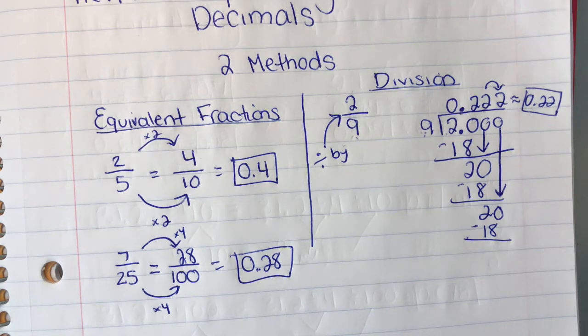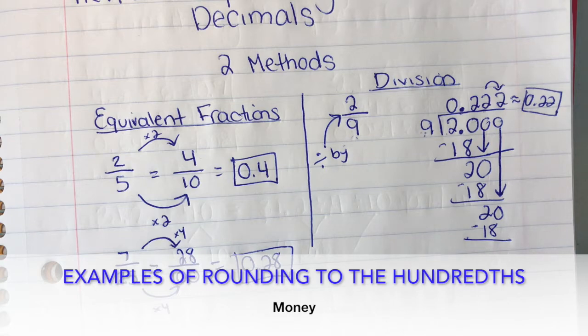So when you are running a business, if a calculation comes out to the thousandths, 10 thousandths, or so on, the amount would always be rounded to the hundredths. Remember, we talked about this with gas prices as well. When you're paying for gas, it actually always shows to the thousandths place on the gas sign, right? But when you're paying, the total cost is then rounded to the hundredths place.